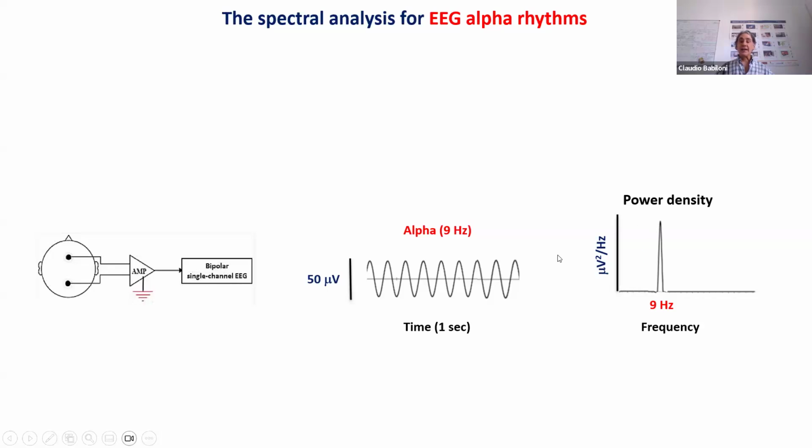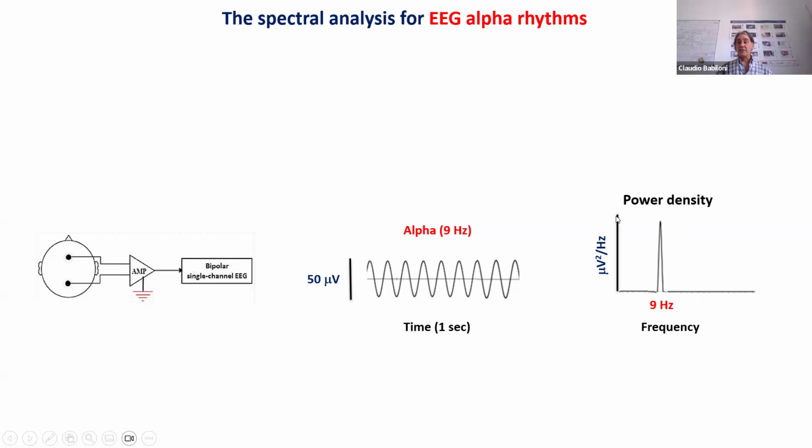In the spectral analysis, the power of the EEG oscillation, for example, at 9 Hertz, from the higher peak to the lowest peak, this amplitude is squared to obtain the power of EEG activity. And then it is represented in this typical graph on the right side of the picture.